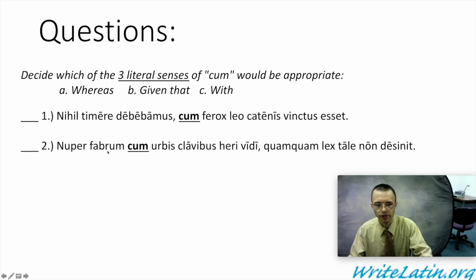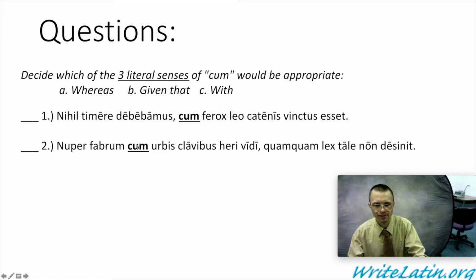Next one, nuper fabrum cum urbis clavibus heri vidi, quamquam lex tale non desinit. Now look at this, the comma is here, the cum is not at the start of a clause, because you would expect it to be where the nuper is or where the quamquam is, introducing that whole clause, but it's right in the middle. What's that?